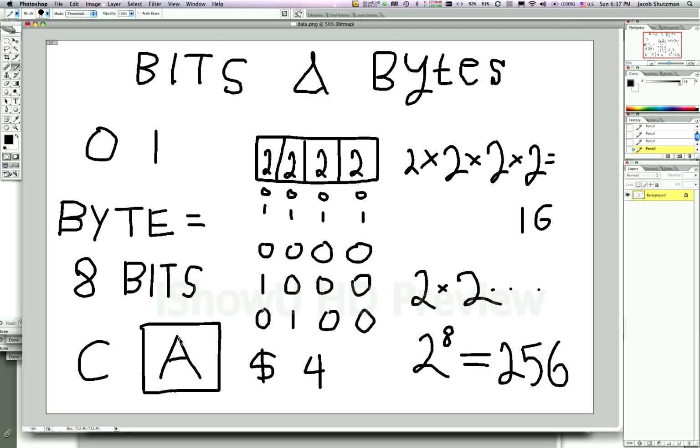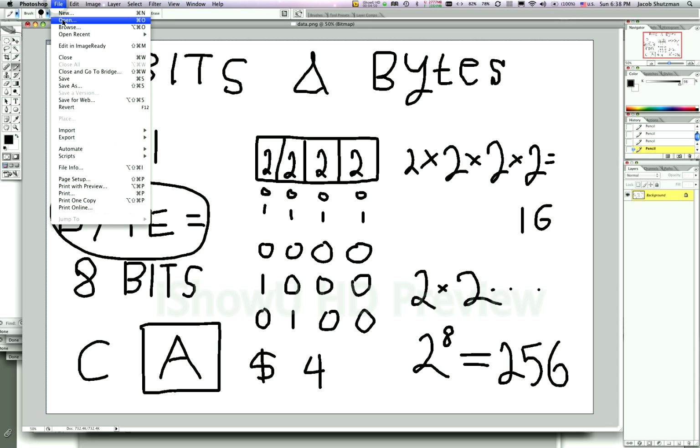And we can represent a character with 1 byte, because there are 256 possibilities for different codes that represent the character. And we already spoke about this, so you should be quite familiar with the concept of bits and bytes. And now we'll take it a little further.